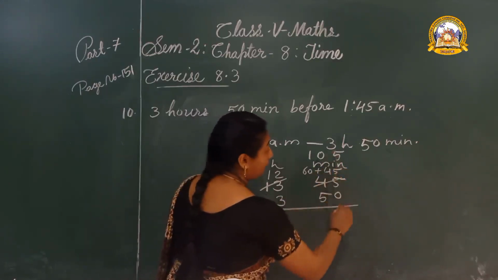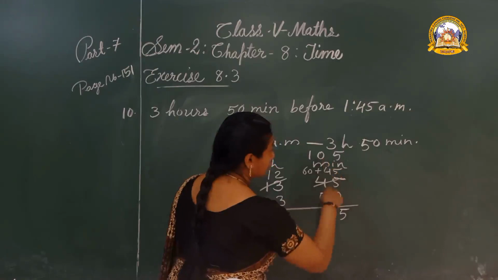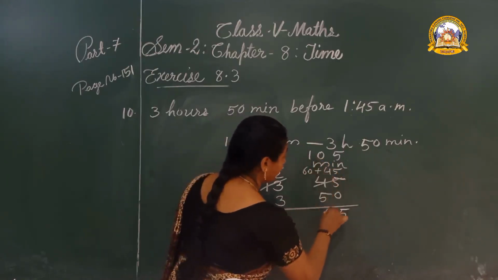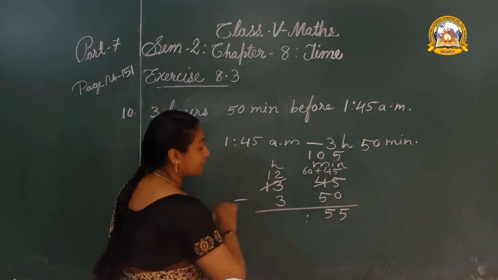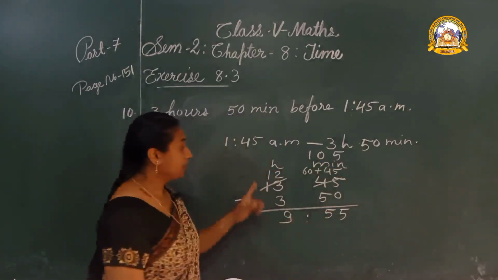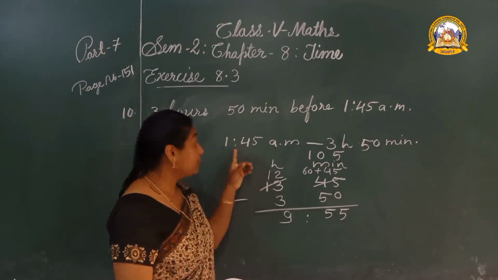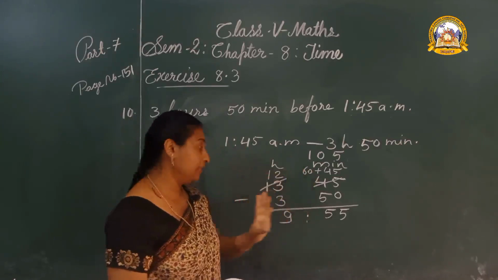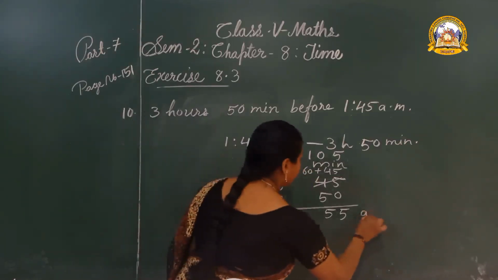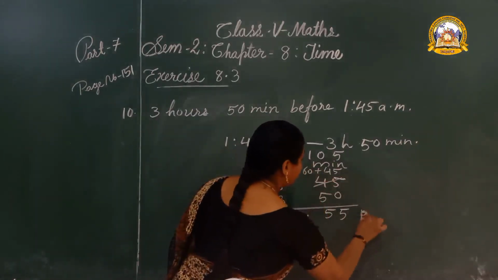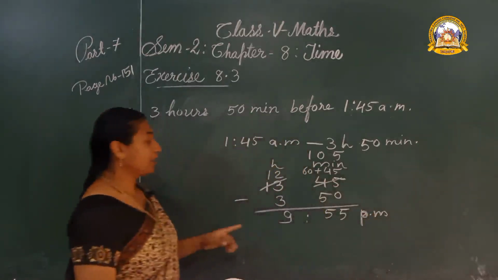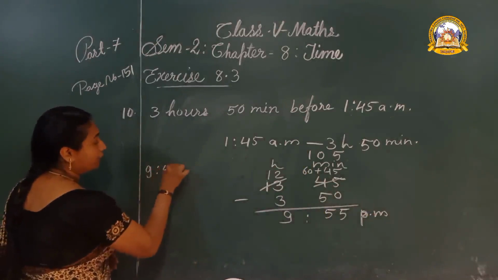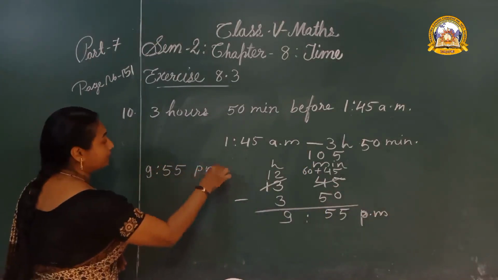Okay, 5 minus 0, 5. 0 minus 5, no, we can't. So 10 minus 5, 5. 55. 12 minus 3, 9. Here we had added 12 hours with this time, so we have to change the AM to PM. So answer will be PM. Okay, answer 9:55 PM.